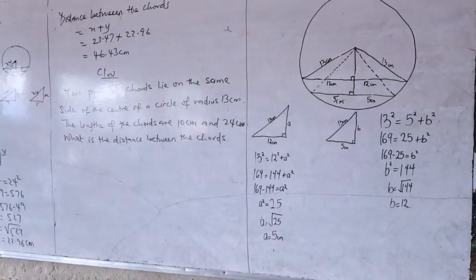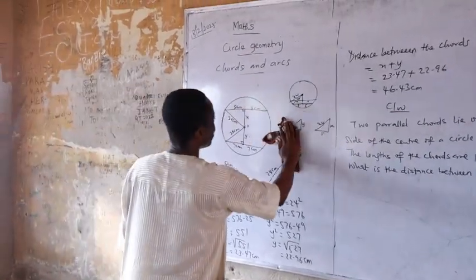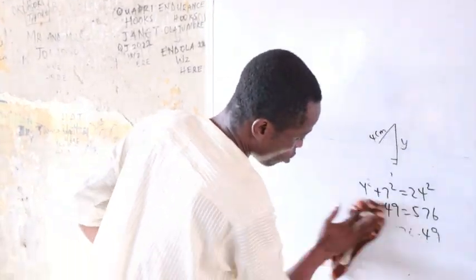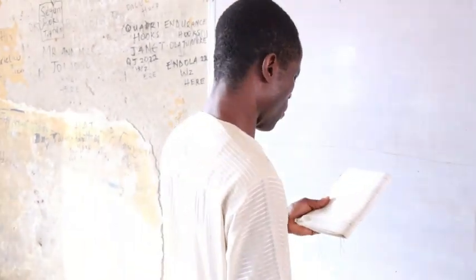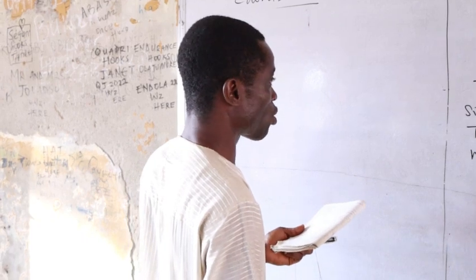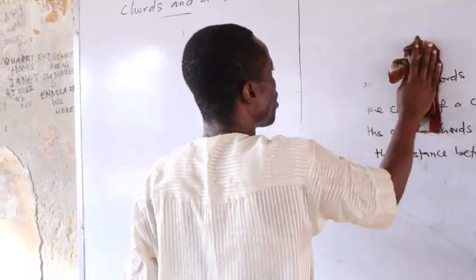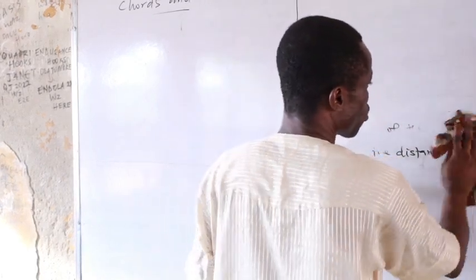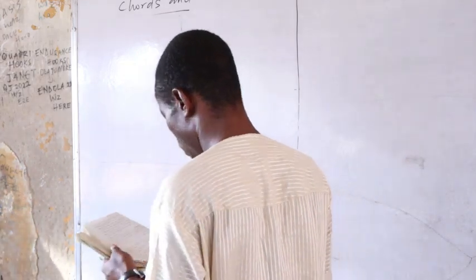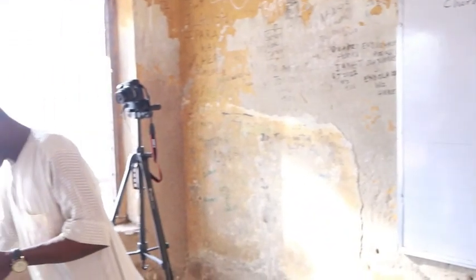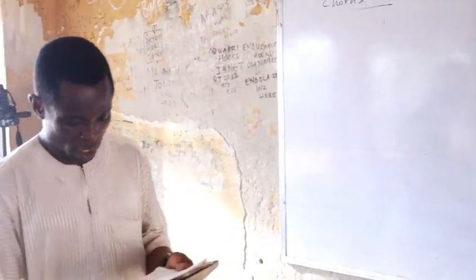An equilateral triangle of side 20 centimeter is inscribed in a circle.